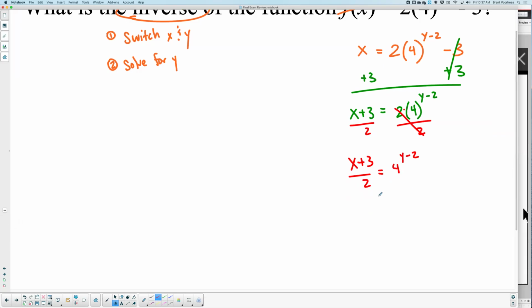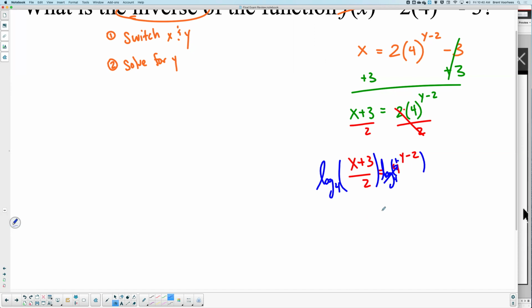What's the opposite of exponentiating by 4? Let's log both sides by 4. All right, so we log 4 both sides. Now what happens when you log 4 of 4?